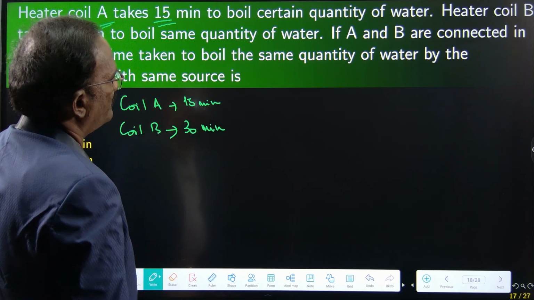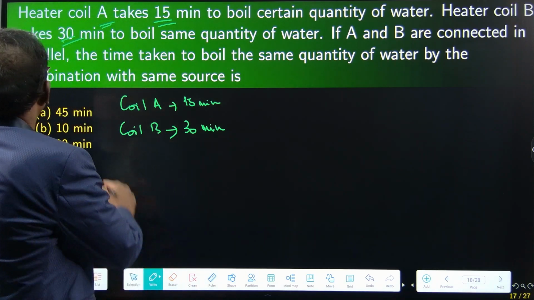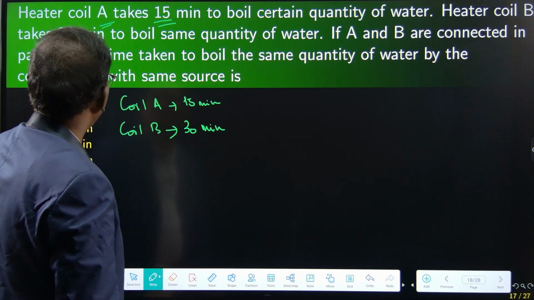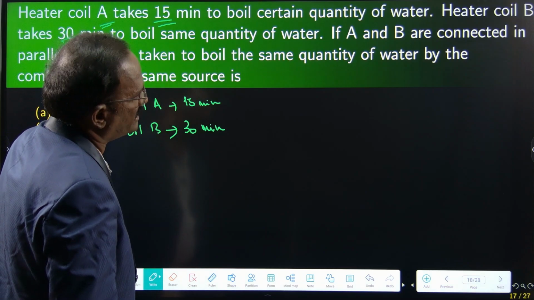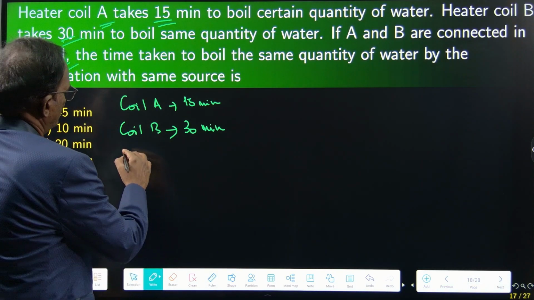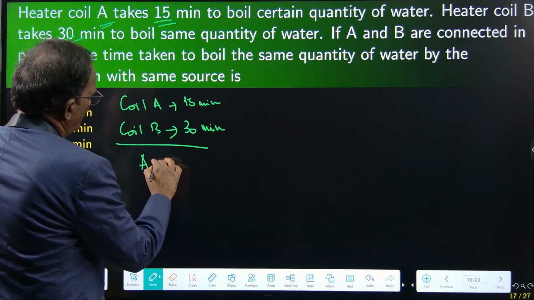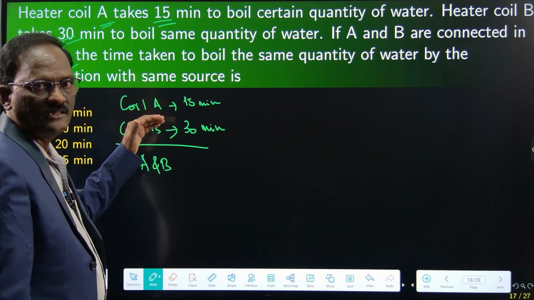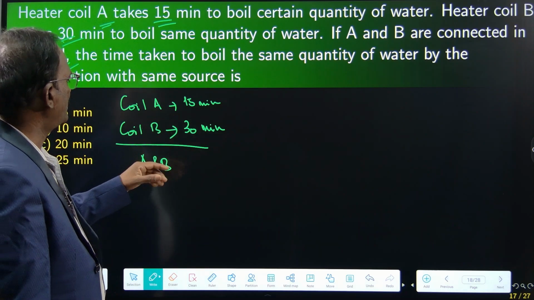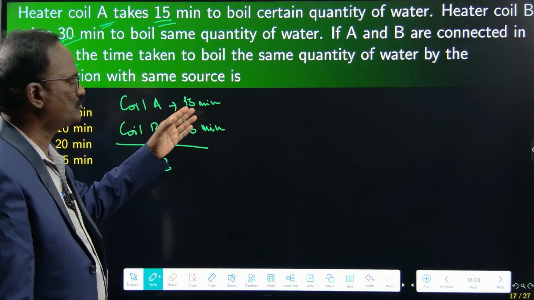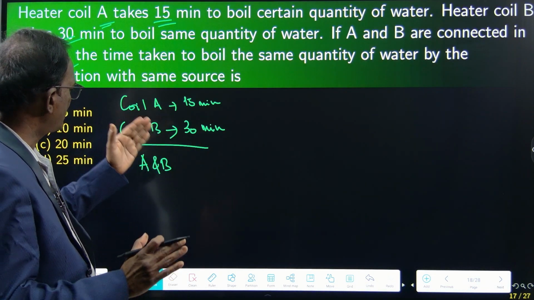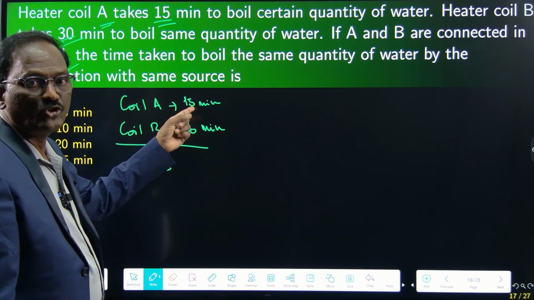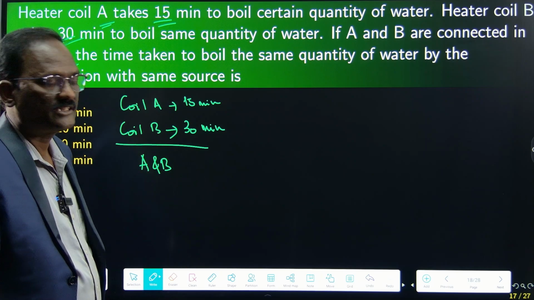For the same quantity of water, if A and B are connected in parallel, what is the time taken to boil the same quantity of water by the combination? In the earlier case they were used separately: coil A separately was used to boil some water, and the same quantity of water with coil B. Coil A took 15 minutes, coil B took 30 minutes.